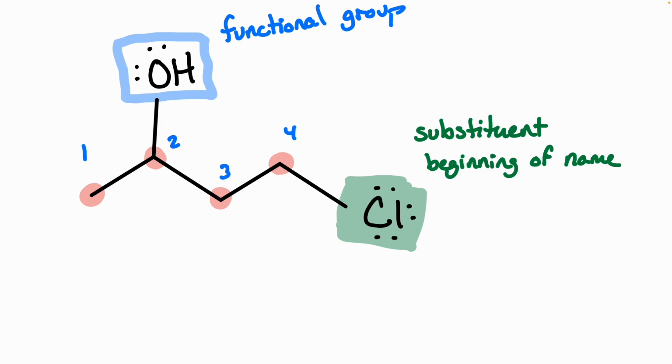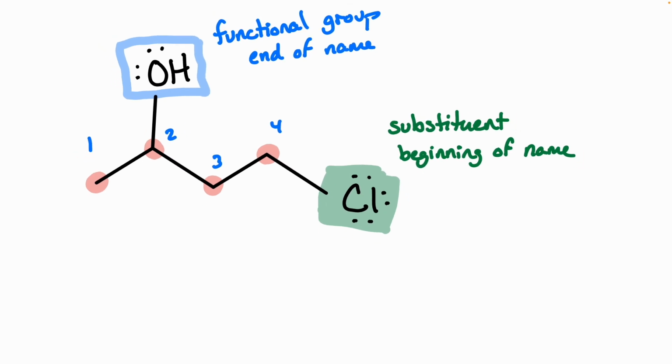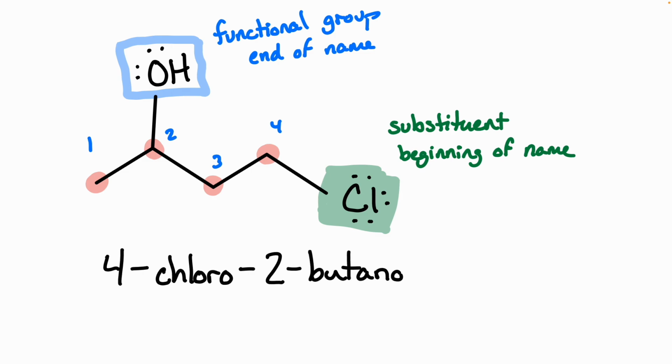Let's just say functional group, end of the name. Substituents go at the beginning. So if I'm putting this together here, I'm going to have to list all of my substituents for chloro. That's the only one. Now I get to my 2-butanol.